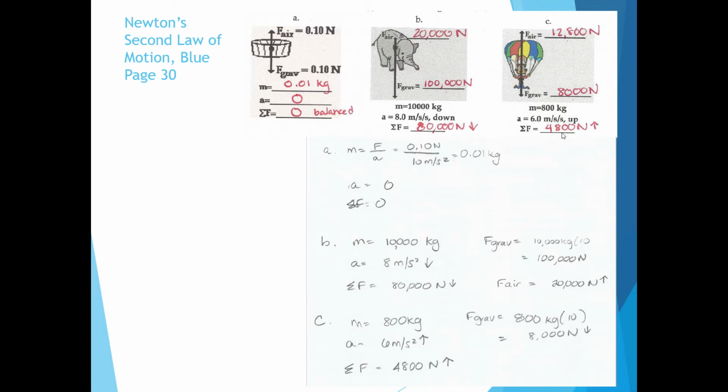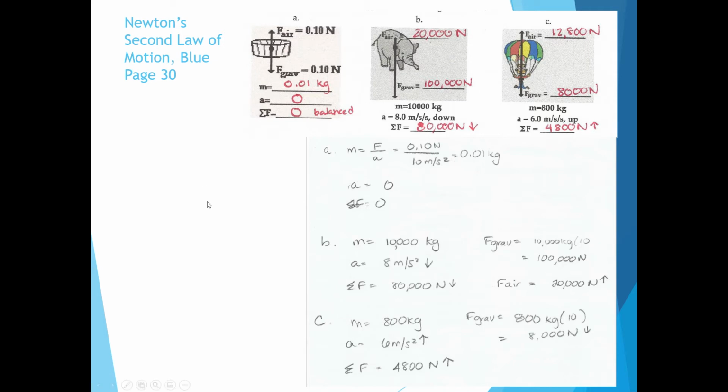The direction is up because the acceleration is up. So we know that downwards it's 8,000 newtons. The overall net is 4,800 newtons. So that tells us the upward force must be 12,800 newtons. Pause it, make certain that makes sense to you. Write down whatever you need to ensure that you are good with that.